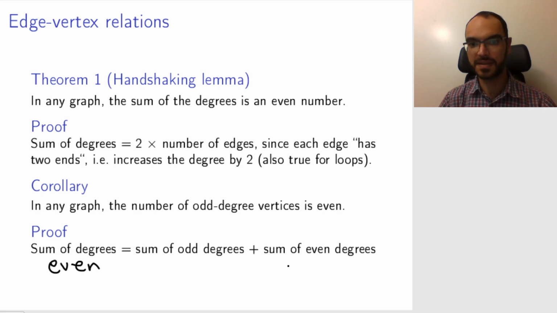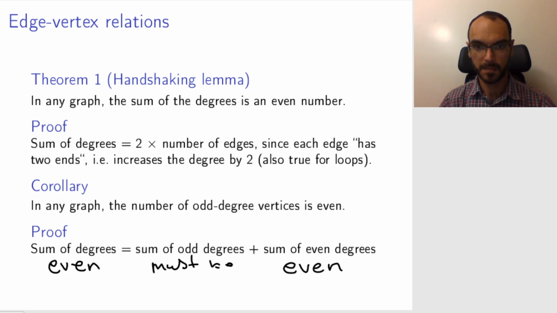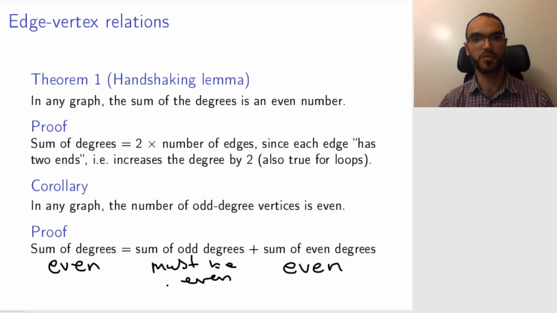The sum of even numbers is always even, so the sum of all odd degrees must be even. Now, if you have a bunch of odd numbers, the only way that their sum is even is that you have an even number of odd numbers, proving the corollary.